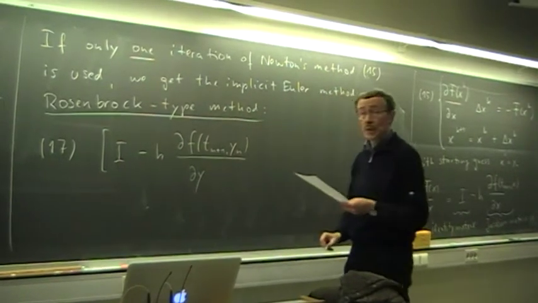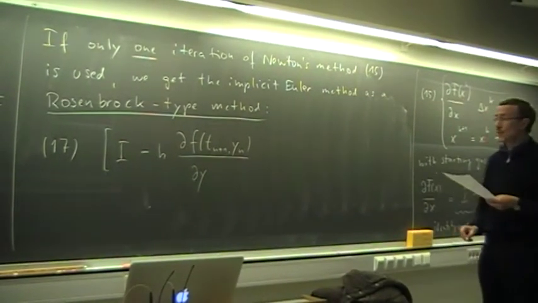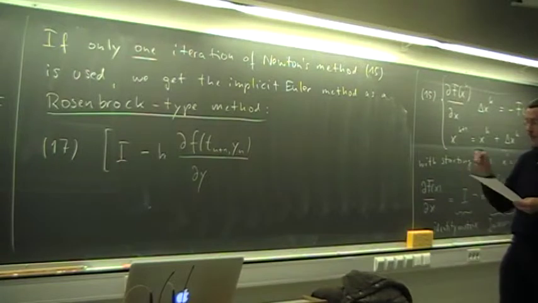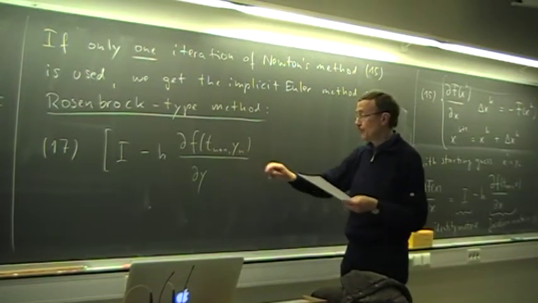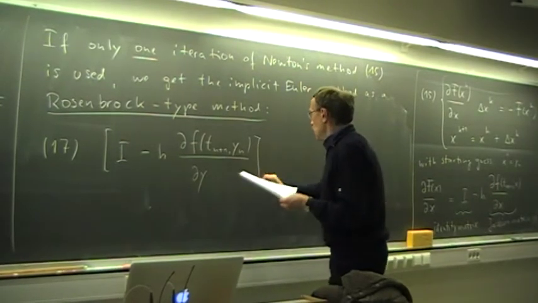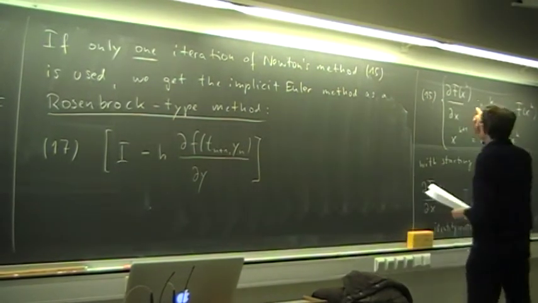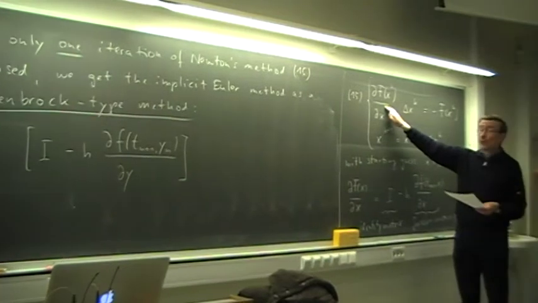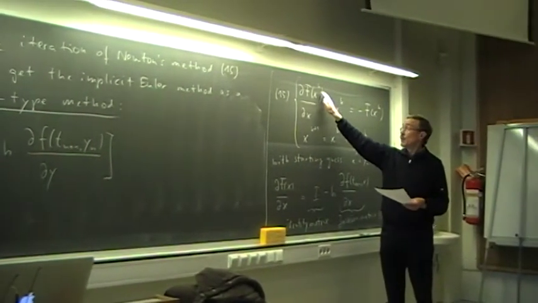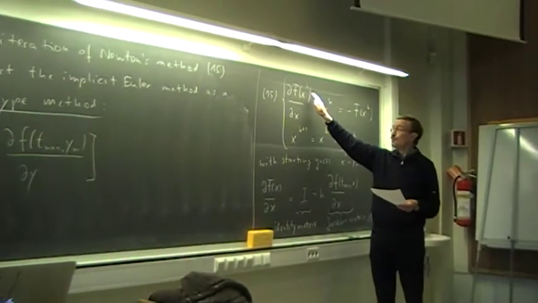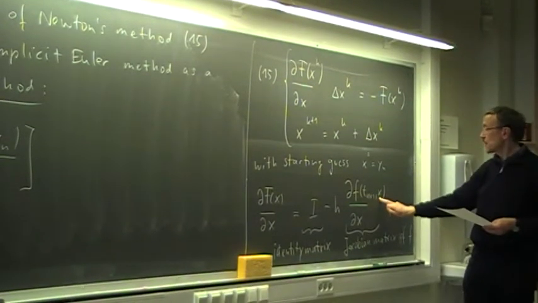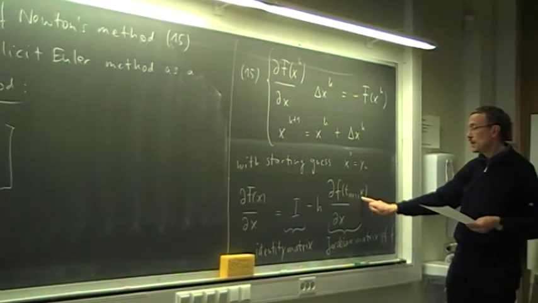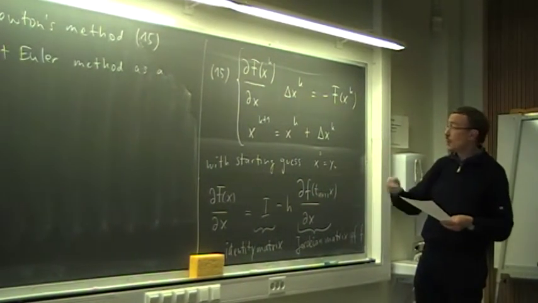So that's the Jacobian matrix of f with respect to y, using the old time level that we already have, yn. So that is corresponding to this for iteration 1, when k is 0. That is this. Because x0 is then yn.